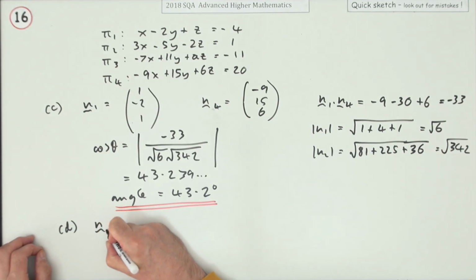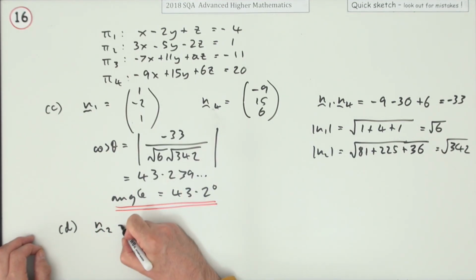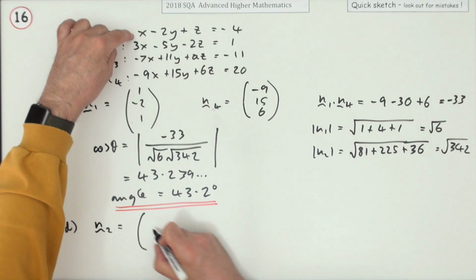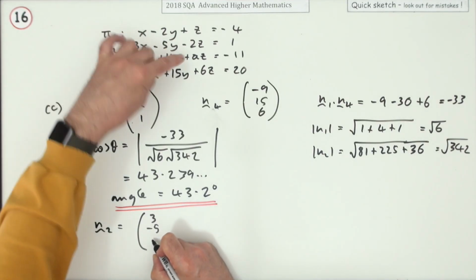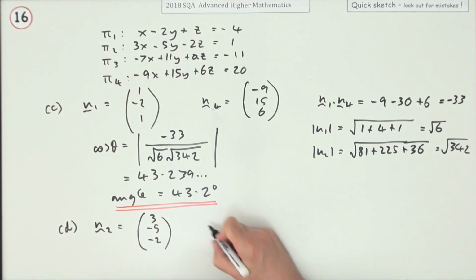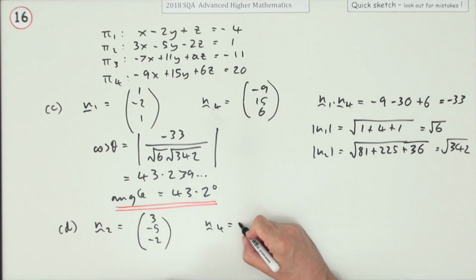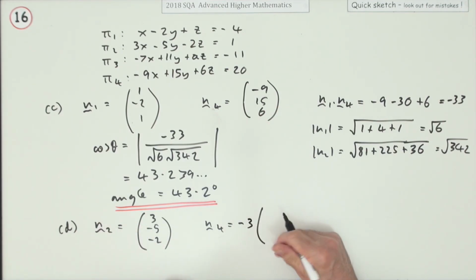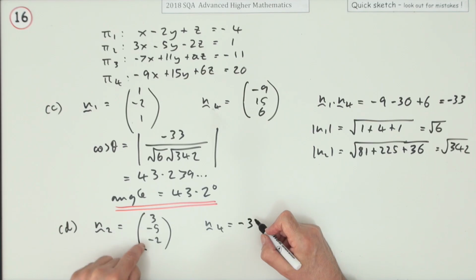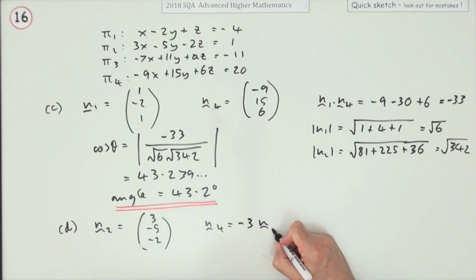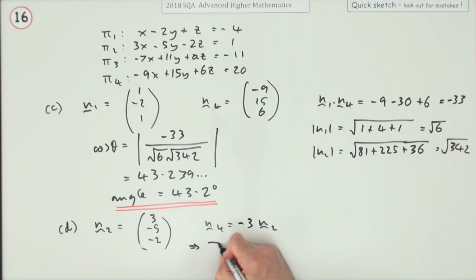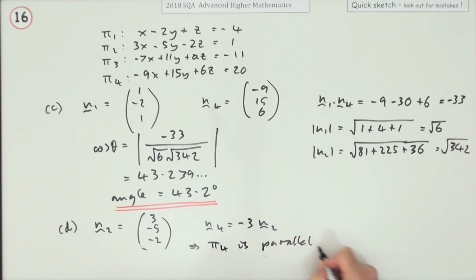Right, okay, so n2, because I've already got n4, n2 is 3, negative 5, negative 2. n4, the normal to 4, is actually negative 3 times that. So it's negative 3 n2. That means that plane 4 is parallel to plane 2.